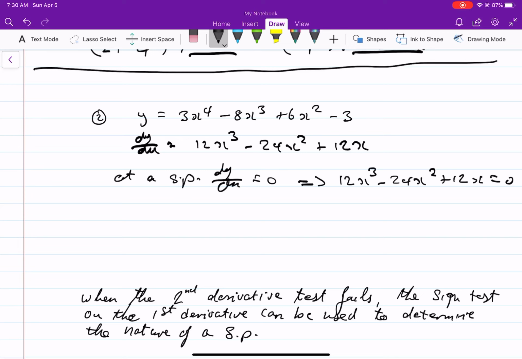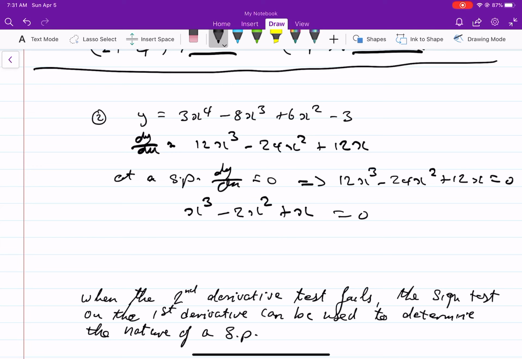I can tidy this up a bit by dividing through by 12. So this becomes x cubed minus 2x squared plus x equals 0.